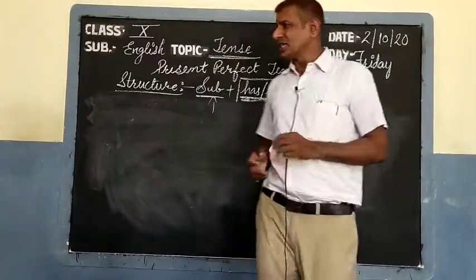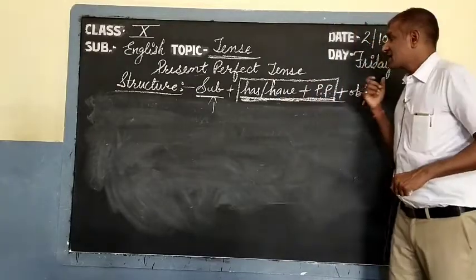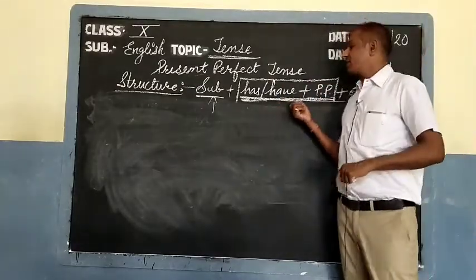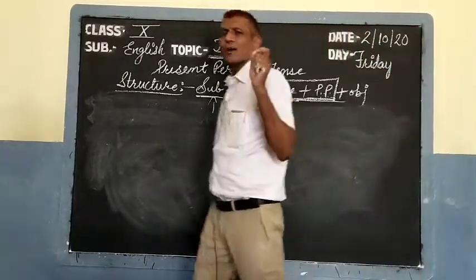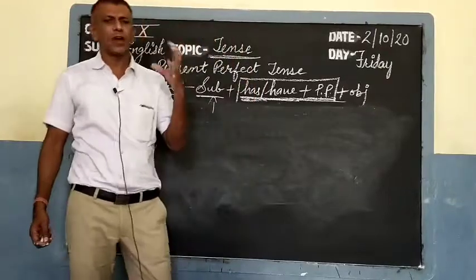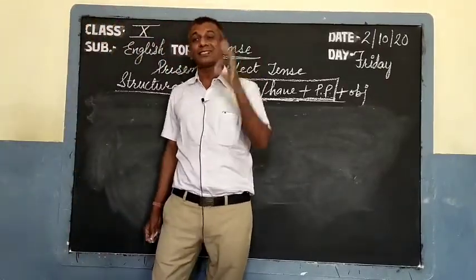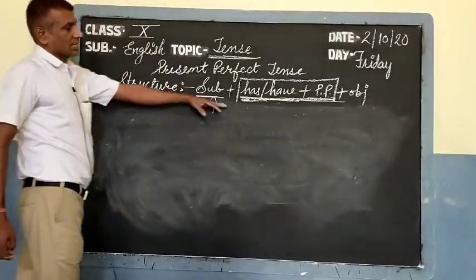You just recognize the sentence with the help of the structure. So that is has/have plus PP form. This structure, this pattern, this combination is called present perfect.